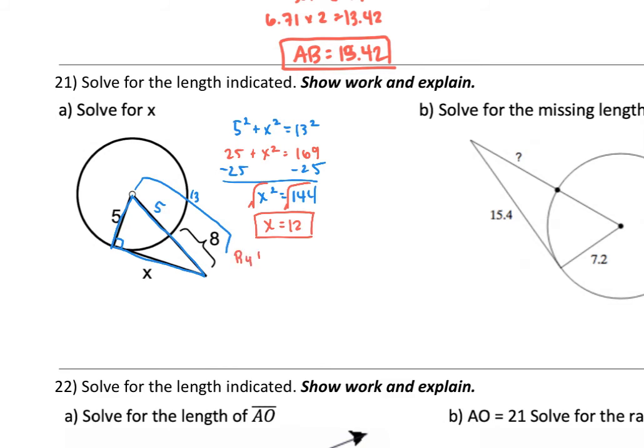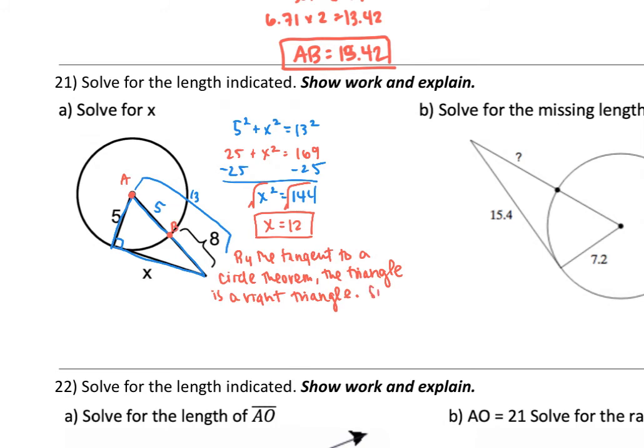So by the tangent to a circle theorem, the triangle is a right triangle. And then I'm going to call this AB.